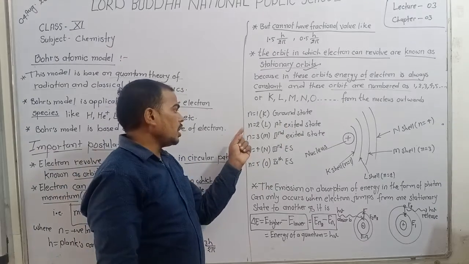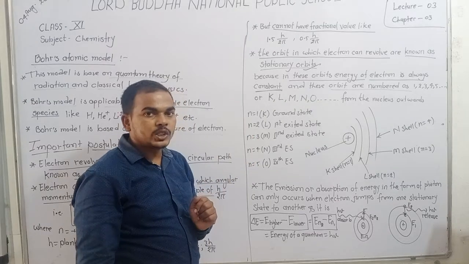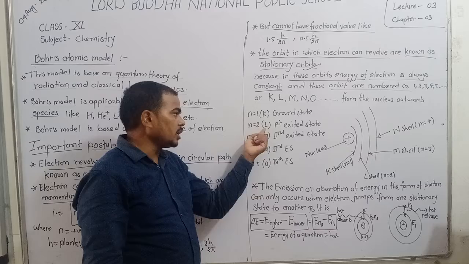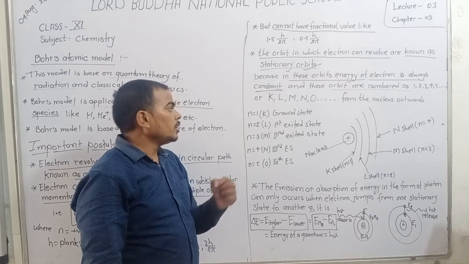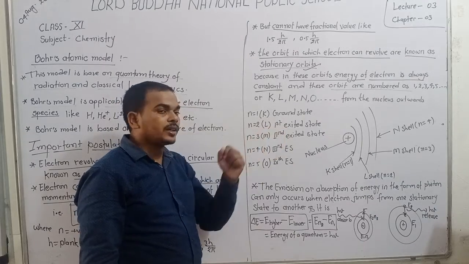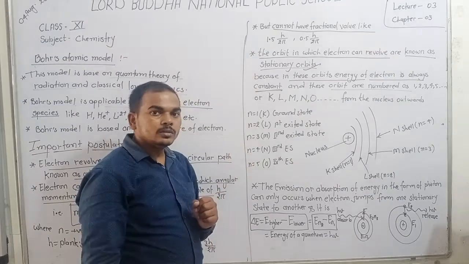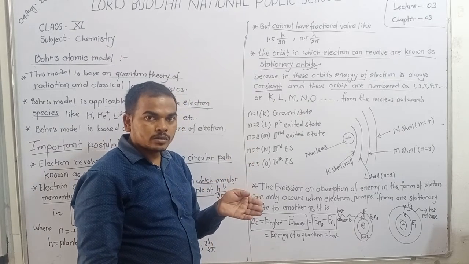Dear student, here n is equal to 2, so second orbit, that is represented by notation L. Dear student, this is the first excited state. Okay, n is equal to 3 means third orbit.